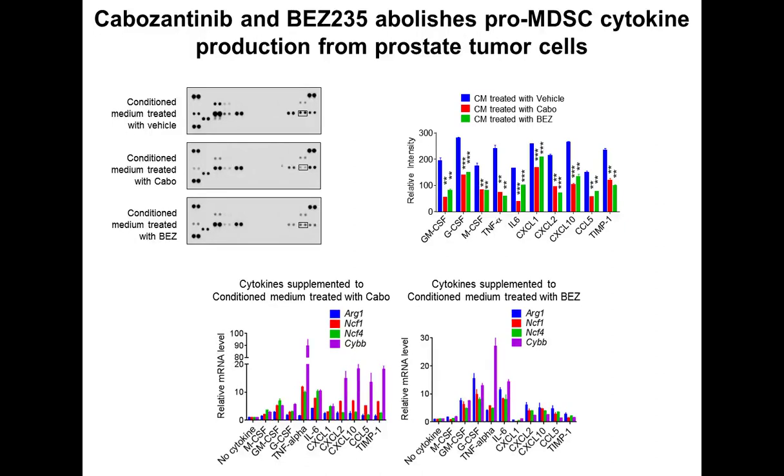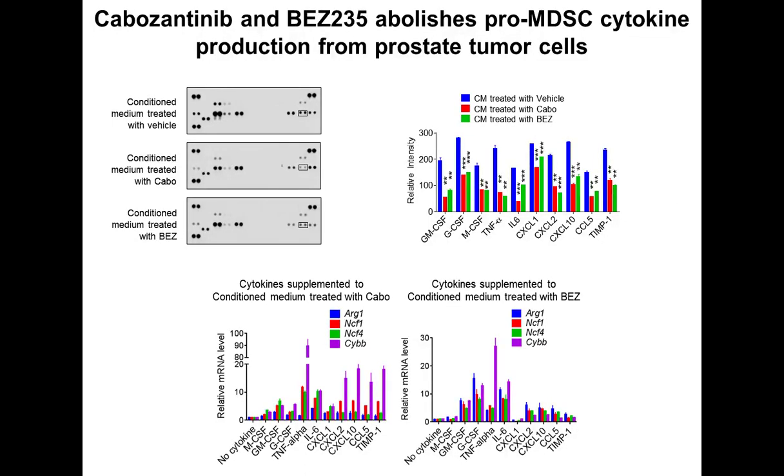This brought us to the idea that you are affecting many of those cytokines, so it's not just one of them. To show that those cytokines can collectively affect MDSC activity, we used recombinant cytokines for all those changed cytokines and put them back into the conditioned media.